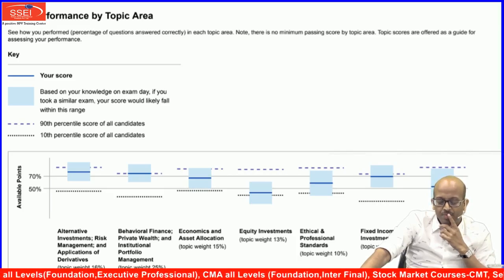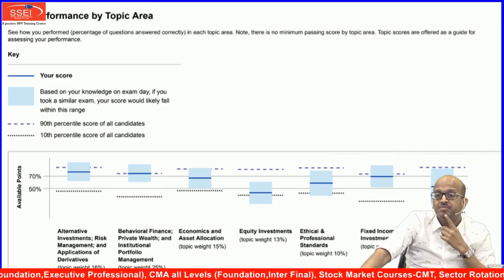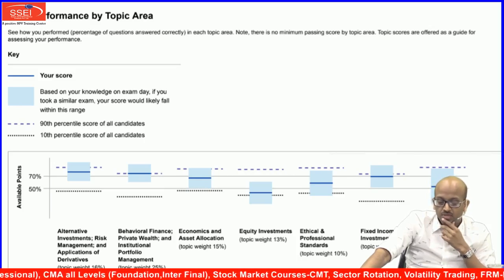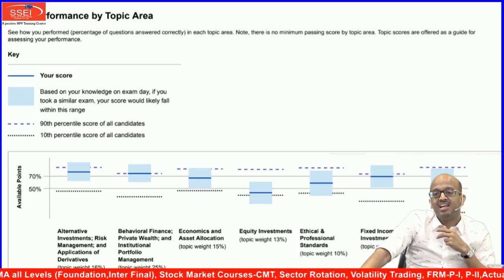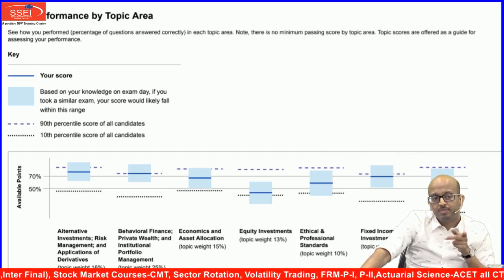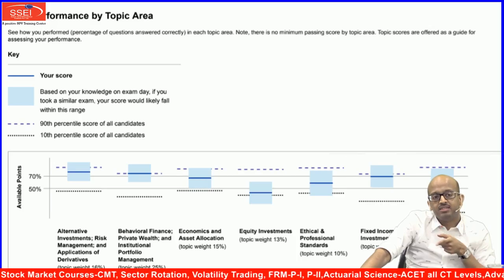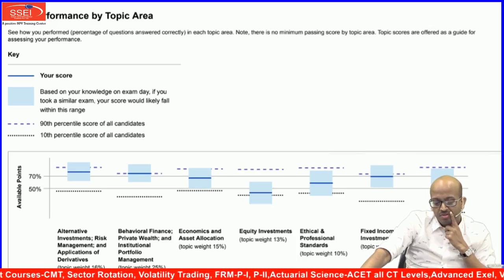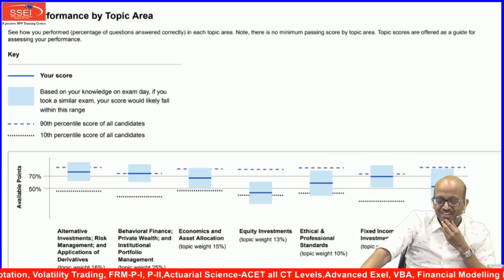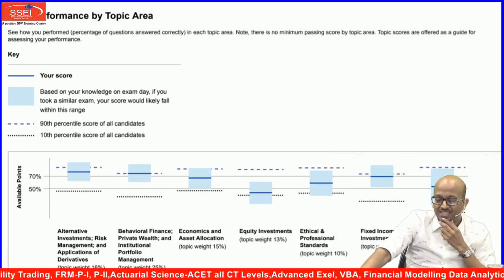In both the papers, I think equity was bad. You must have noted it better. So it means I definitely have to re-look into it. The person who passed, the person who failed, equity is bad. Ethics, there's no sense in speaking about it. Okay, I don't know whether the person did GIPS or not.